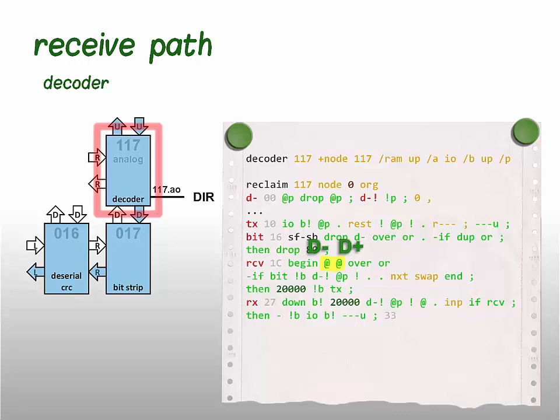For each pair fetched, we test end of packet signal, which is recognized as both lines being low. If it's not end of packet, we call word bit, send the decoded bit downstream, update variable D-, and call word next in node 217 to read the next bit. Then we jump back to the beginning of word receive.